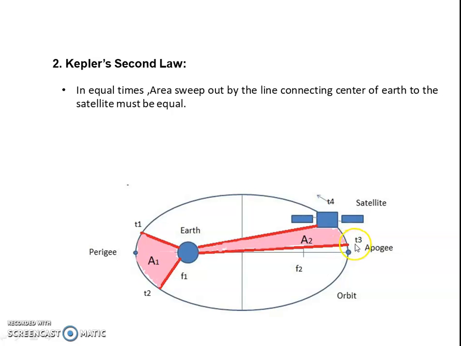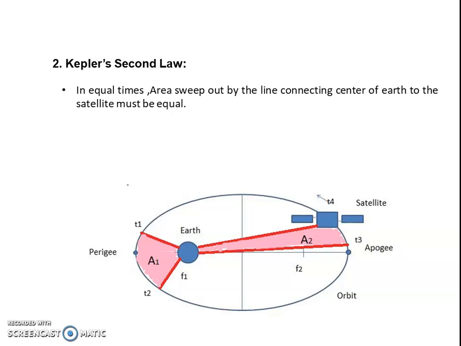Further, from time t3 to t4 the satellite sweeps out an area a2 and moves a distance d2. So if t2 minus t1 is equal to t4 minus t3, then this area a1 will be equal to a2. So this Kepler's law defines that in equal time the satellite will sweep out equal area.